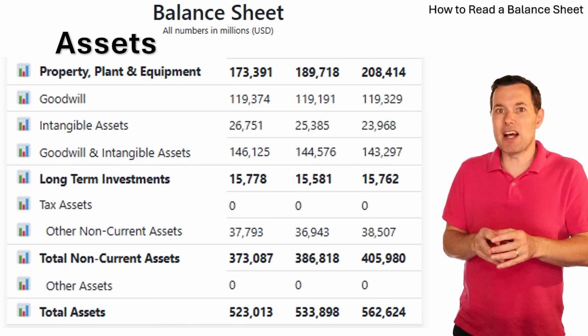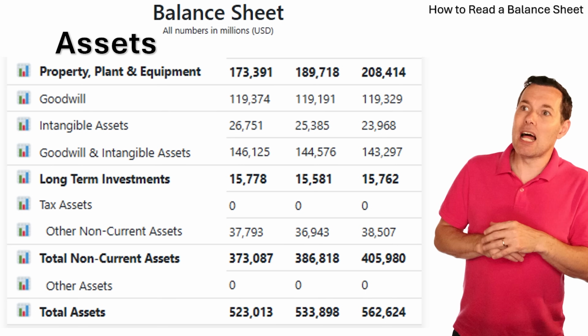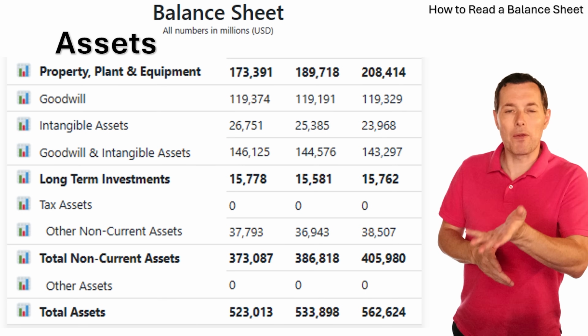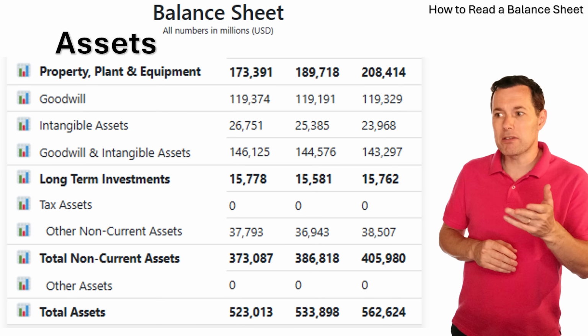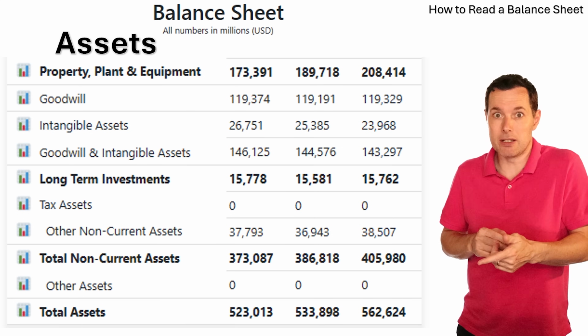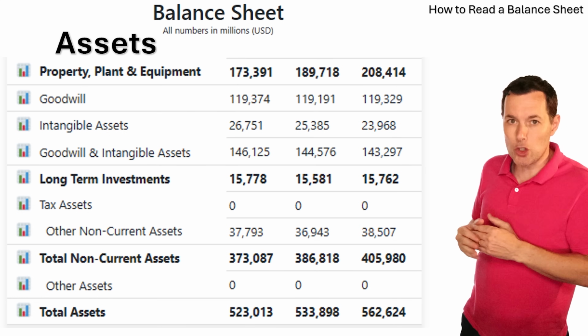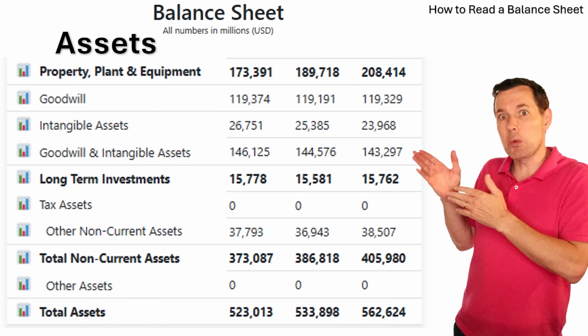So let's pretend assets are $2 billion and liabilities are $1 billion. Well, the company's worth $1 billion. What if Microsoft pays $1.5 billion? Well, the $500 million that they paid extra would land in the goodwill category.